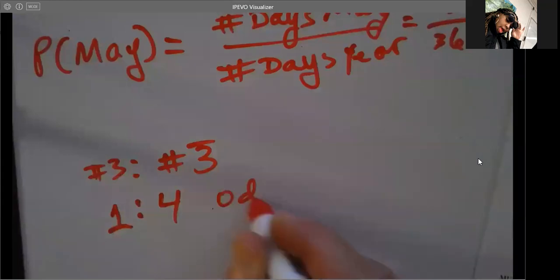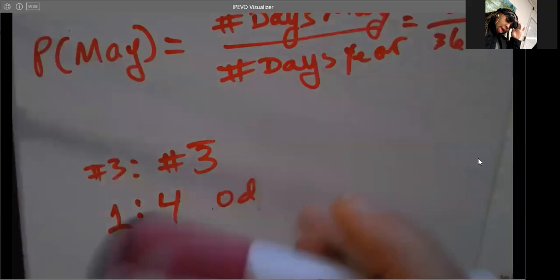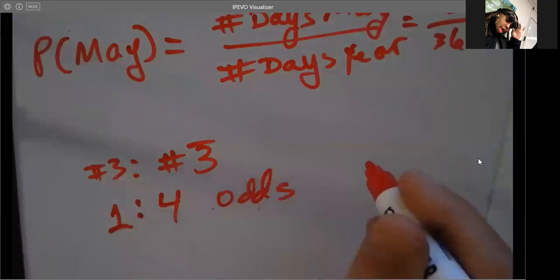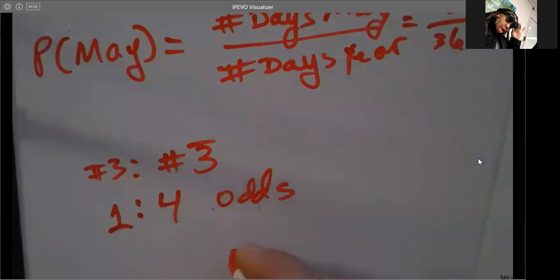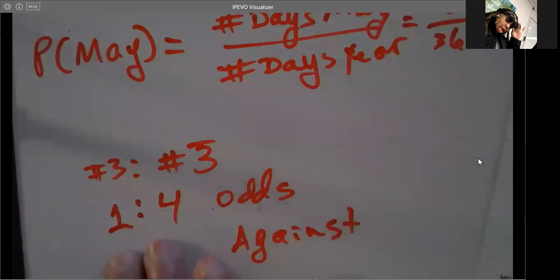Normally they'll just say odds, but if they just ask for odds, that means odds in favor. If they say odds against, they'll tell you odds against. And all you do with odds against is take the odds in favor and flip it. So the odds against selecting a 3 is 4 to 1. Okay?